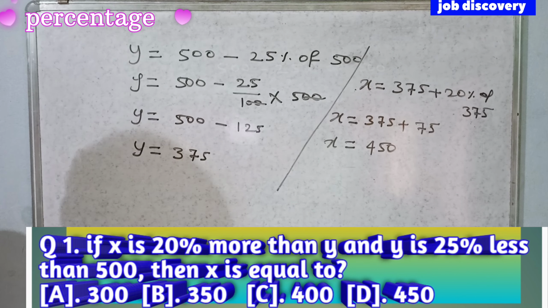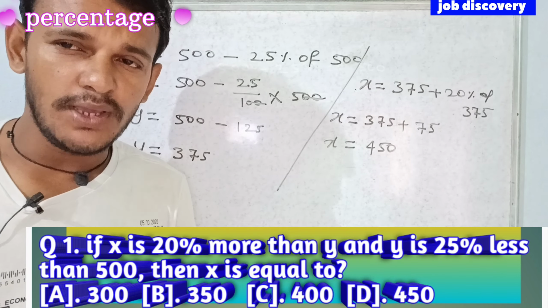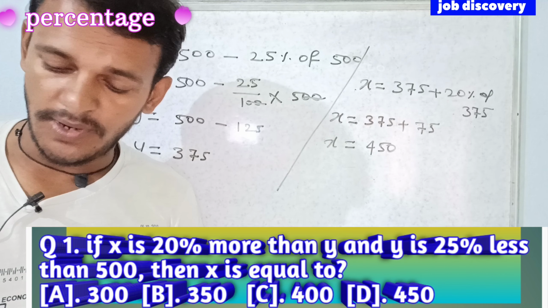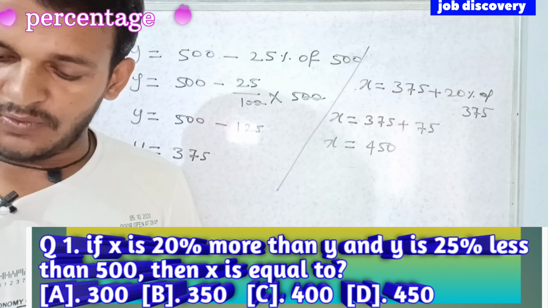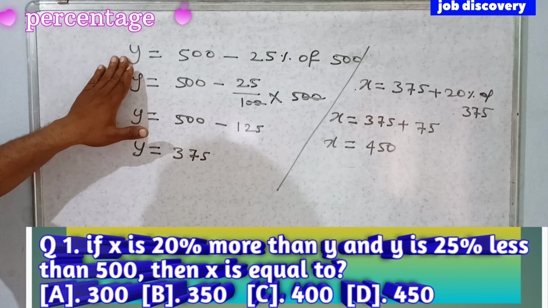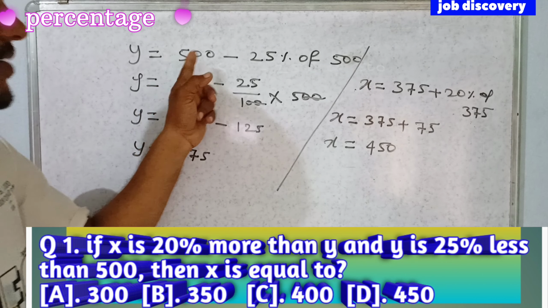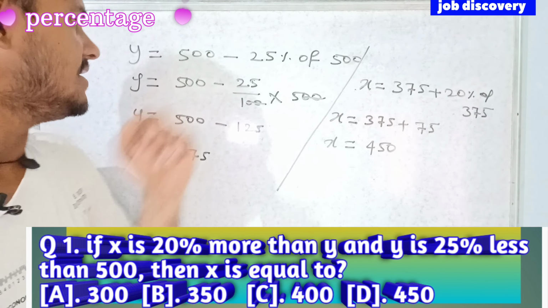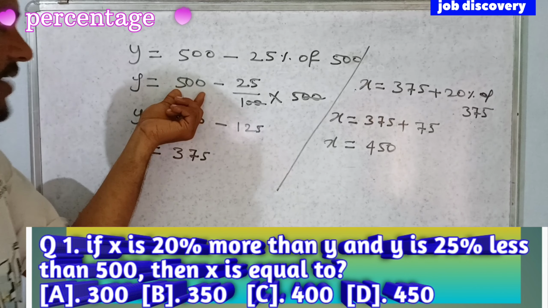right? See here once again, if x is 20% more than y, first of all our target is to find the y value. Y is 25% less than 500. So the y value will be 500 minus 25% of 500, right?